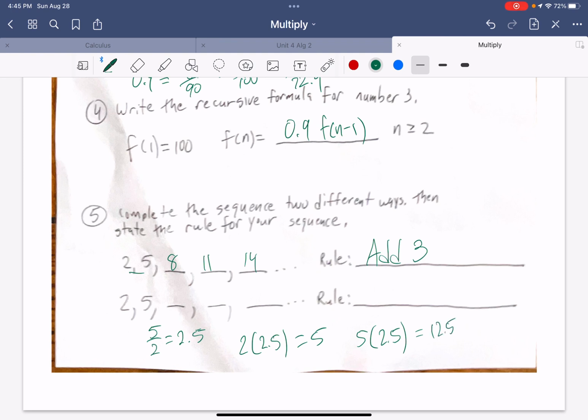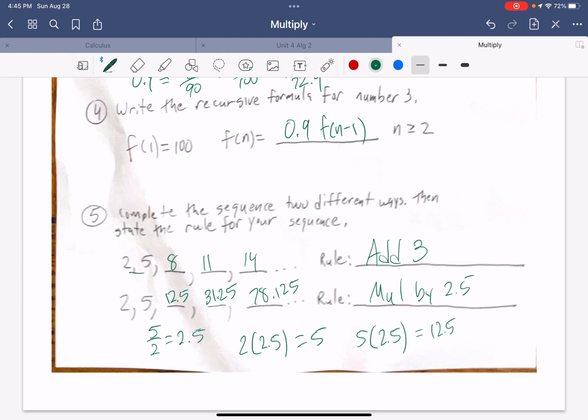So 12.5, that'd be the next term. Then you just, on the calculator, multiply by 2.5 again. And I would get 31.25 and then 78.125. So that would be multiply by 2.5.